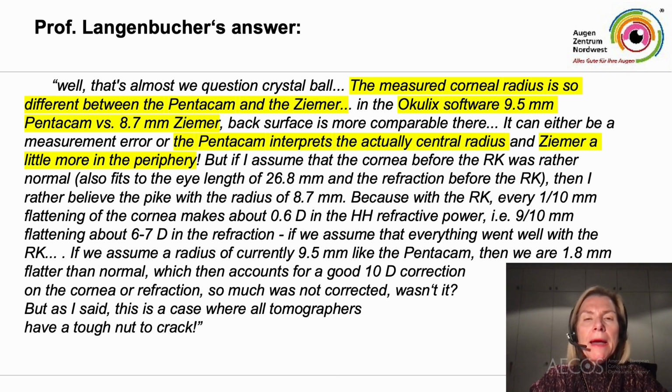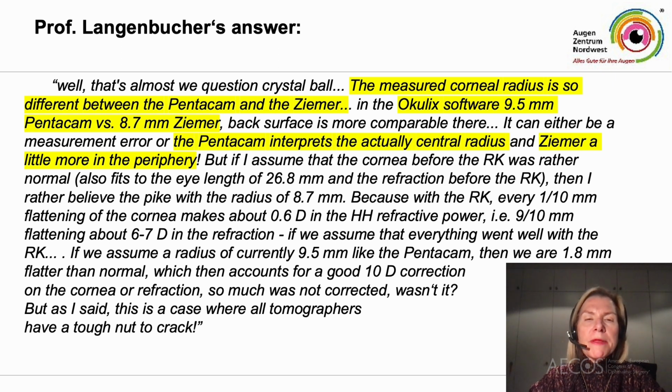Because with RK, every 1/10 millimeter flattening of the cornea makes about 0.6 diopters in the corneal refractive power. For example, 9/10 millimeter flattening gives about 6 to 7 diopters in the refraction.